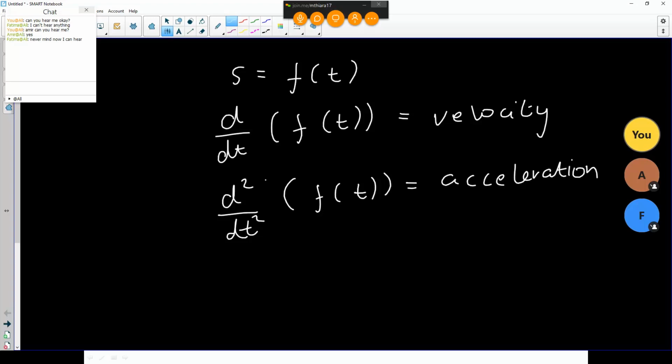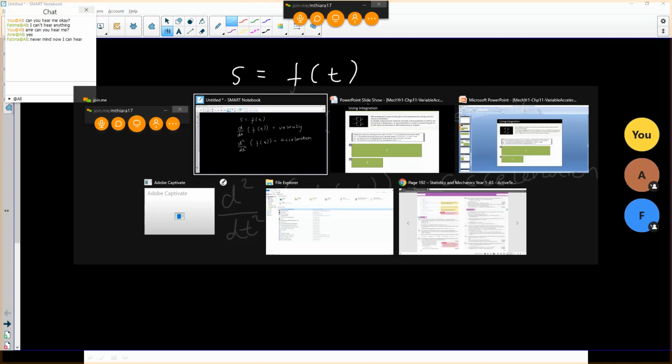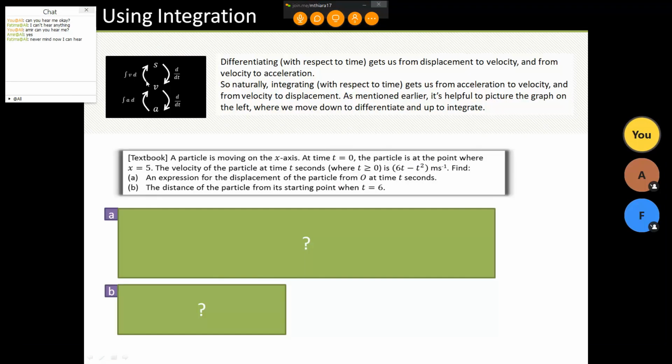So going down from displacement I'm having to differentiate. What if I wanted to get from acceleration to velocity? Well, it's the opposite of what we're doing here, and the opposite would be to integrate, and that is where this chart comes in.